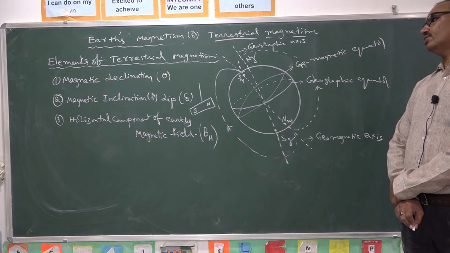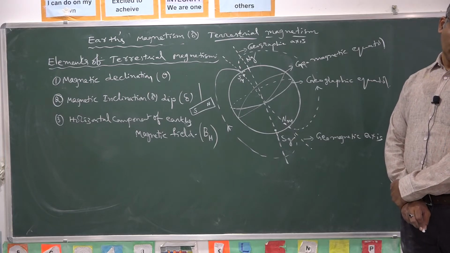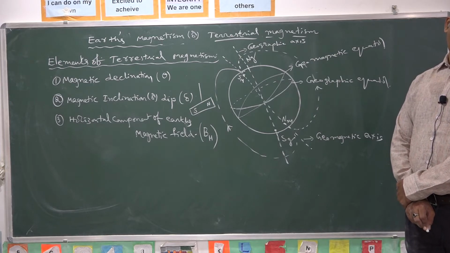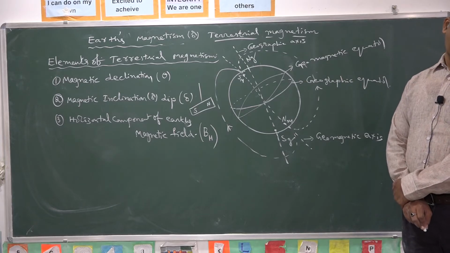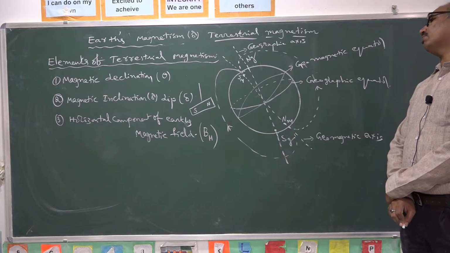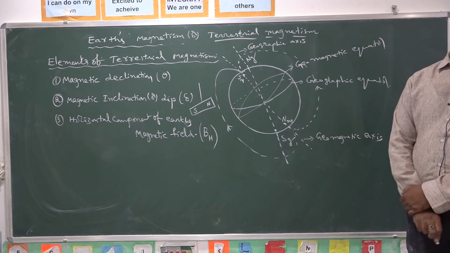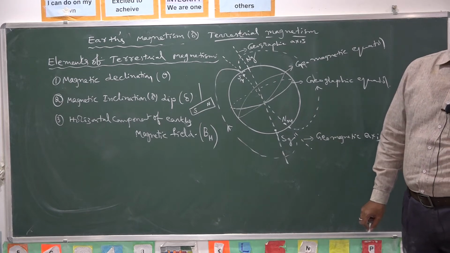Now, individually, we would like to learn about these three parameters. What is magnetic declination? What is magnetic dip or inclination? The third one is horizontal component of earth magnetic field. To understand this, we need a term called magnetic meridian.